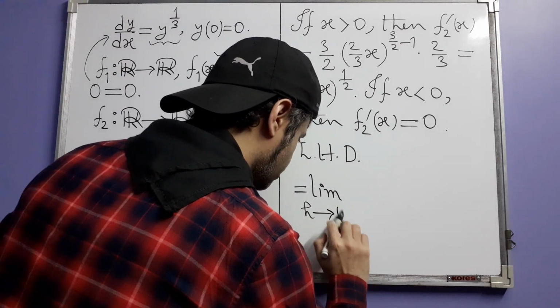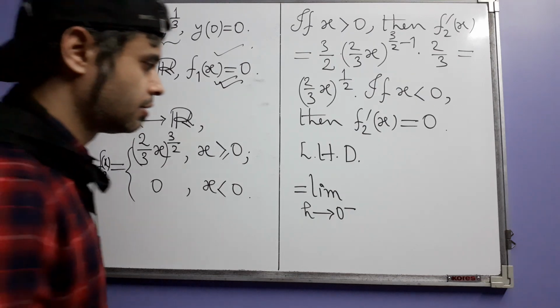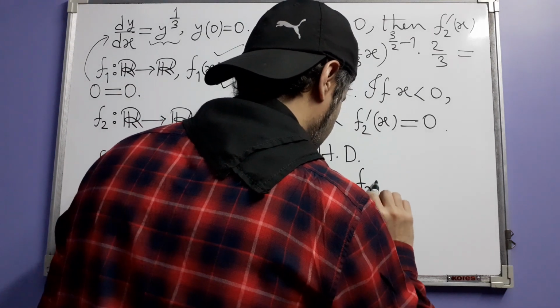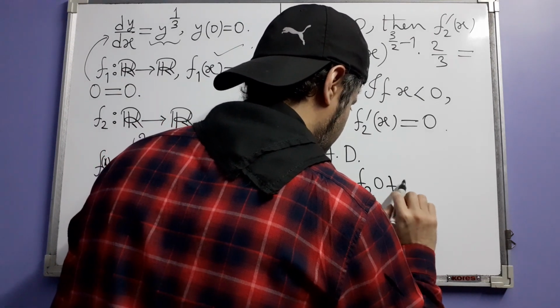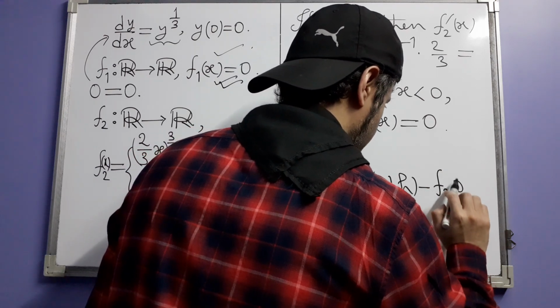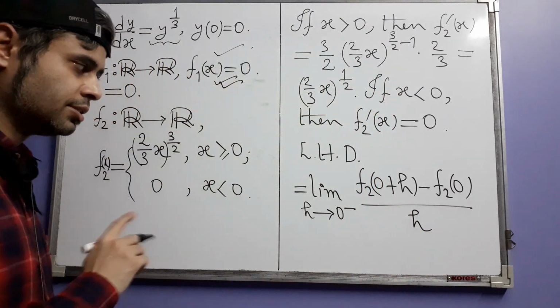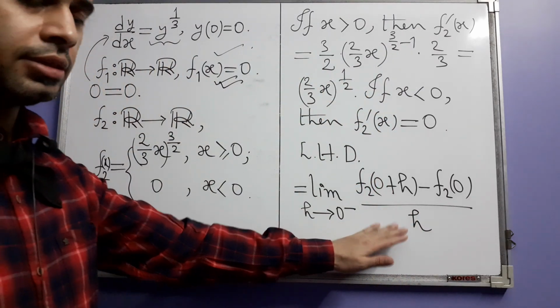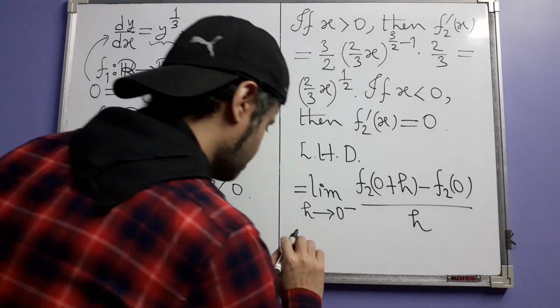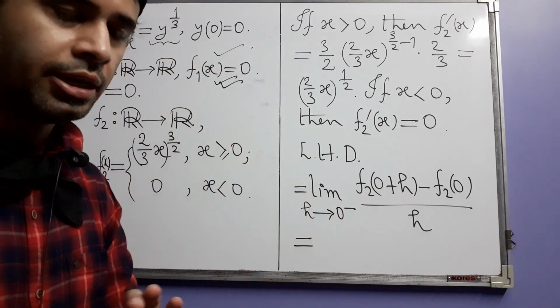So h has to approach 0 from the left side, and f2 of 0 plus h minus f2 of 0 divided by h. There is a reason for choosing the left hand derivative first. 0 plus h of course will be h.